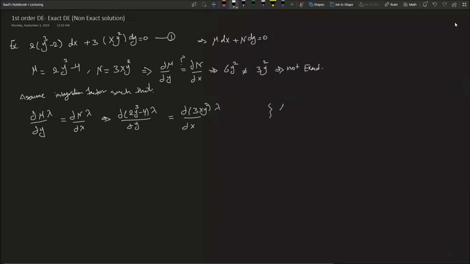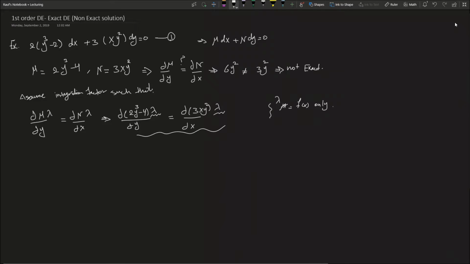Note that the integrating factor lambda is a function of x only. It is not a function of y.